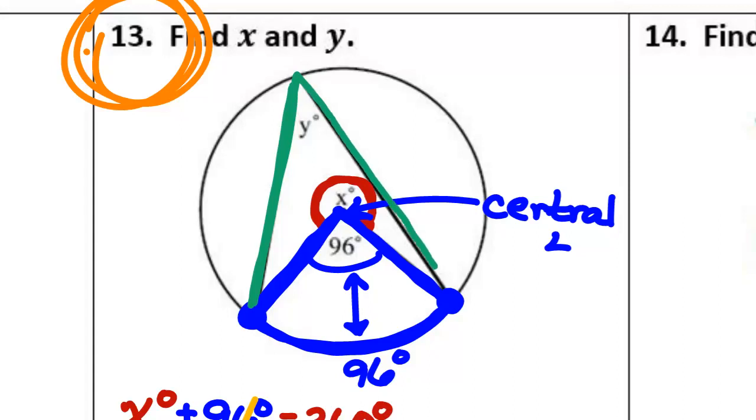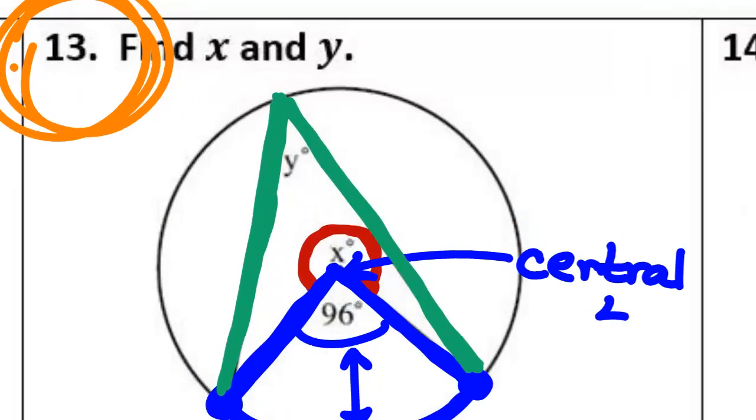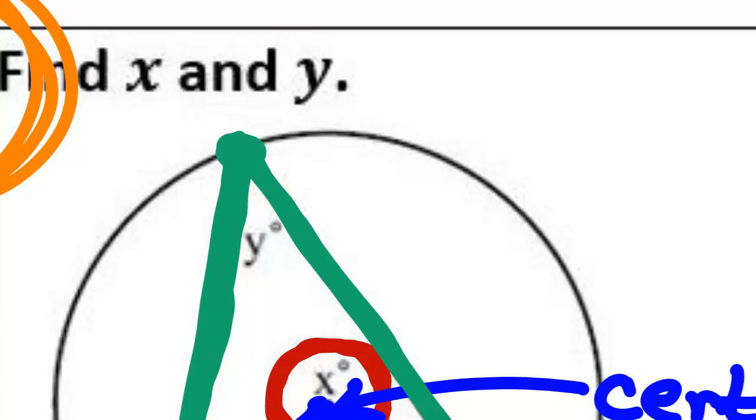But I needed that 96 degree arc because that is the arc that angle y is intercepting. What kind of angle is angle y? Angle y is not an inside angle. The vertex is not inside the circle. It is inscribed because the vertex is on the circumference of the circle.